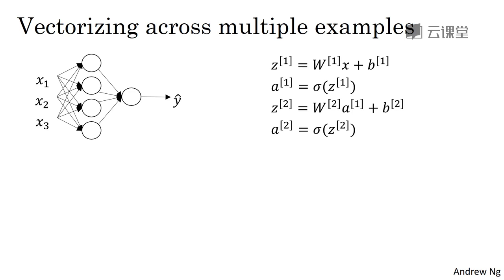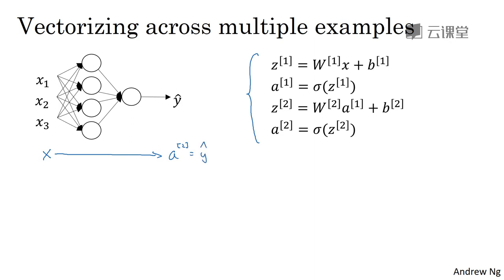These were the four equations we had from the previous video of how you compute Z1, A1, Z2, and A2. And they tell you how, given an input feature vector X, you can use them to generate A2 equals Y hat for a single training example.